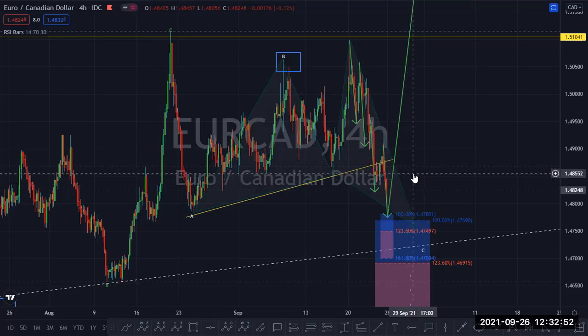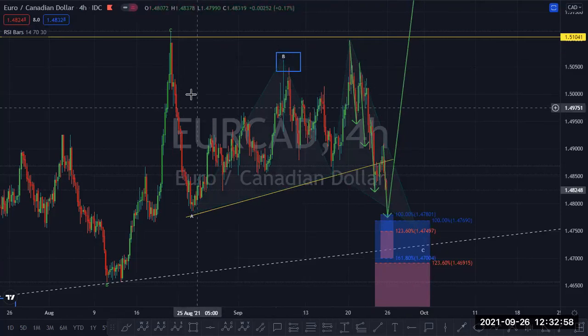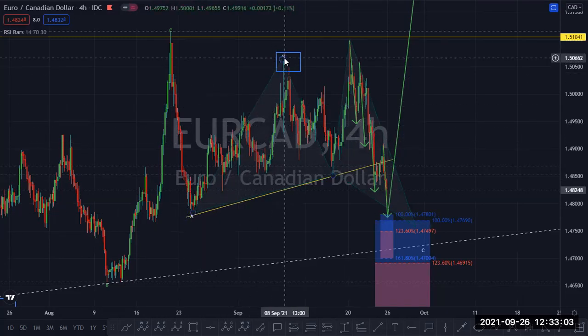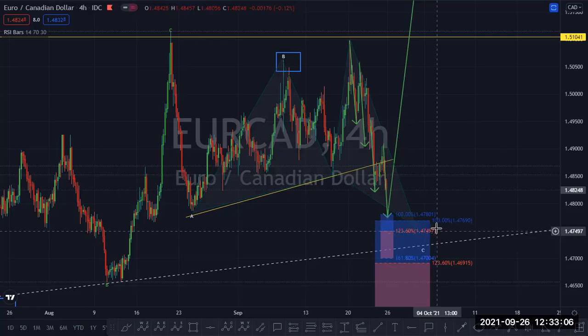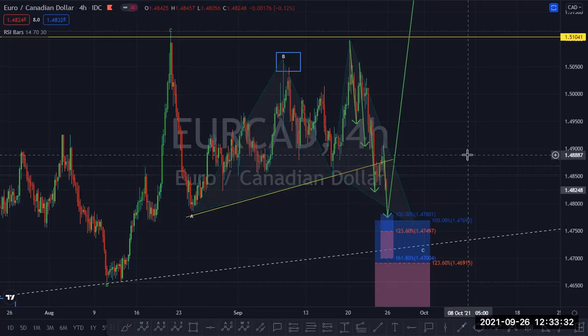A harmonic pattern is developing based on 4 hours, and also it is in tandem with Elliott Wave, A, B, then C. So hopefully we will still have a drop towards the 1.47, 1.46 area, 1.476, and so on. So the drop is still happening. Okay, so let's see 1 hour as well.